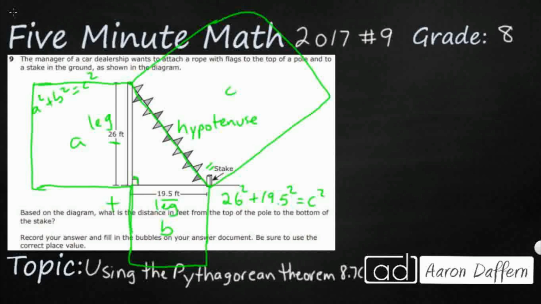So let's figure out what this is. So 26 squared, that's going to equal 676. And let's take our 19.5. We're going to square that, and it's going to be 380.25.